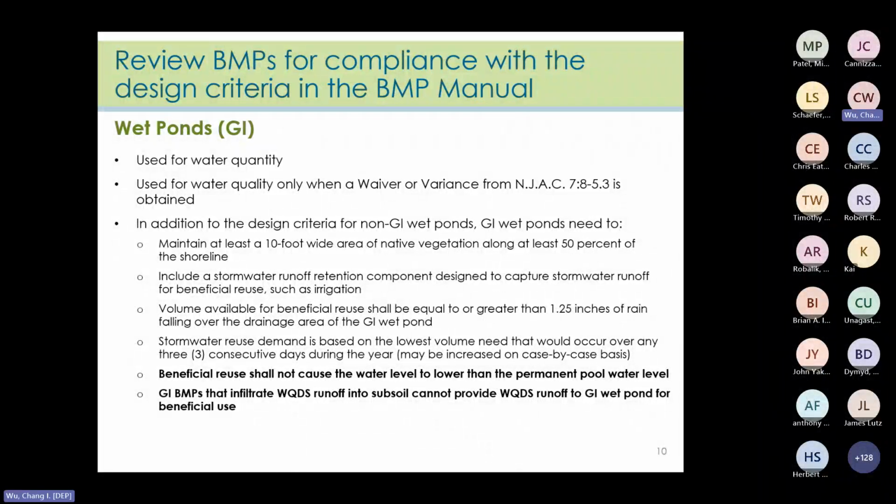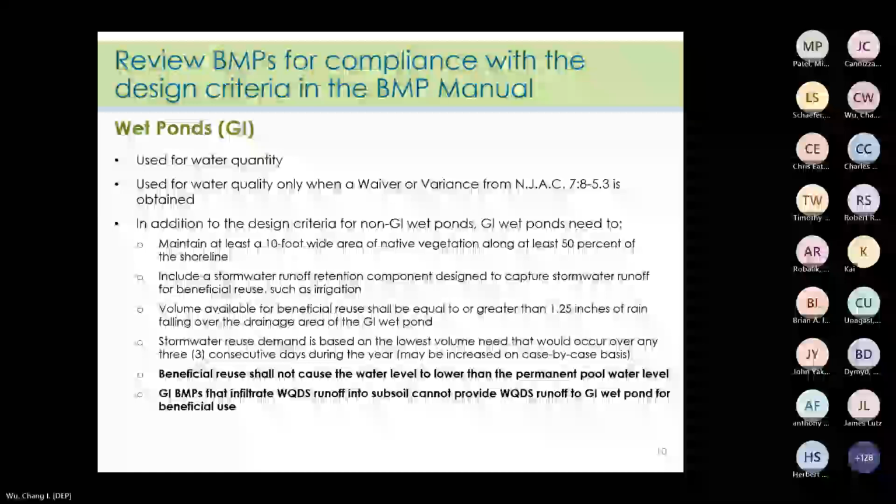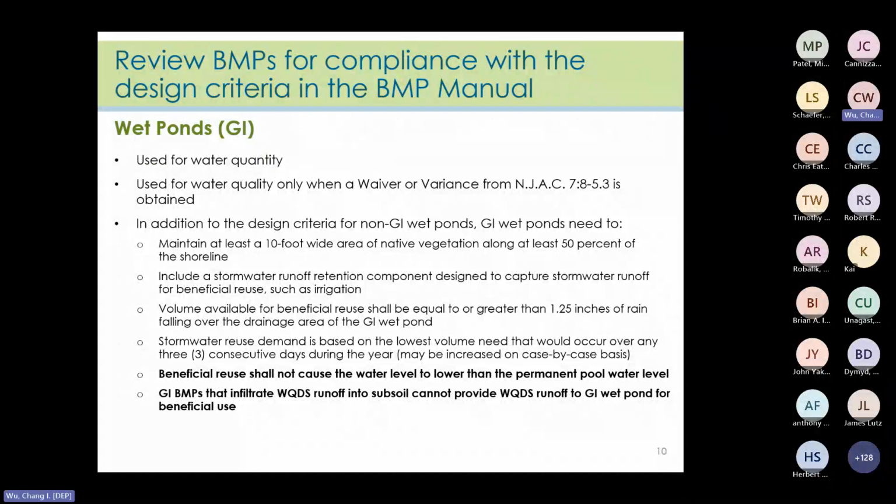But it may be increased on a case-by-case basis, depending on how you want to use the stormwater runoff being collected in the GI wet pond. But the beneficial reuse should not cause the water level to lower than the permanent pool water level.